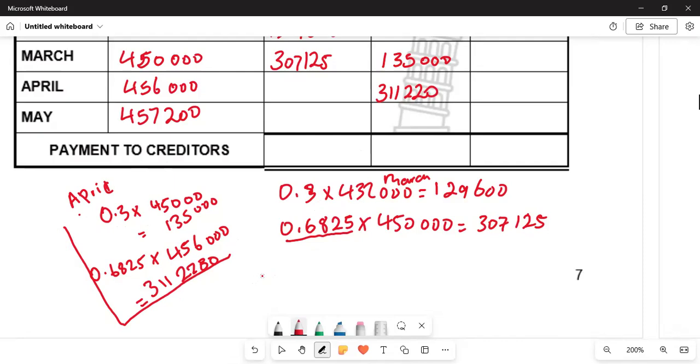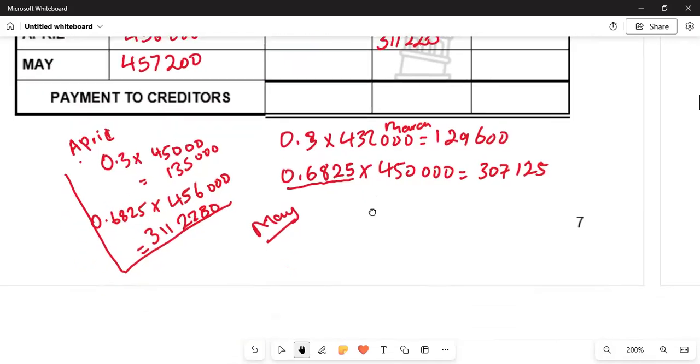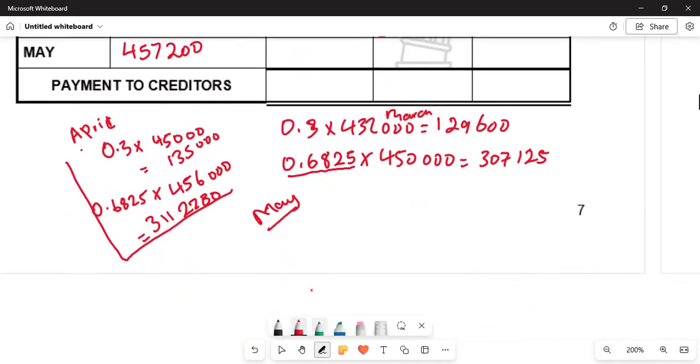Now we are coming to May. So now we are on May. Under May, we are going to start with April.